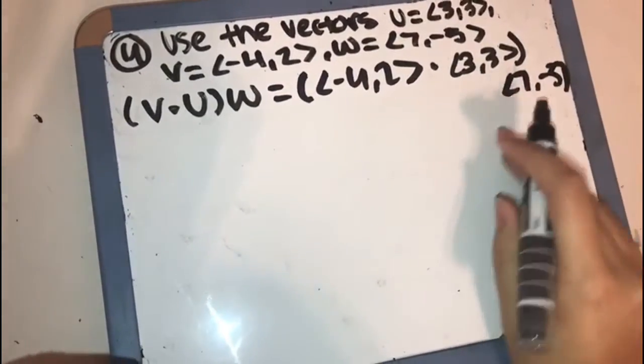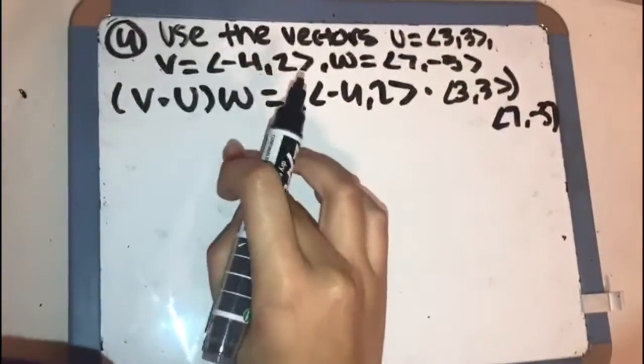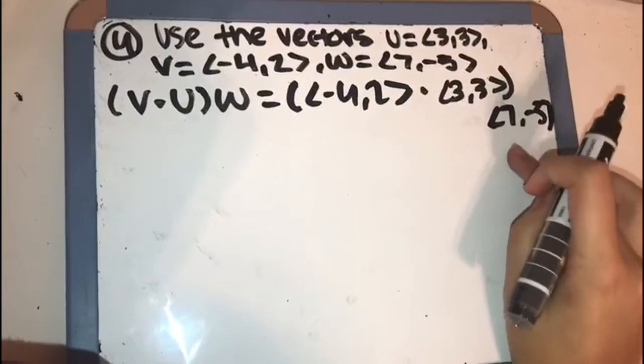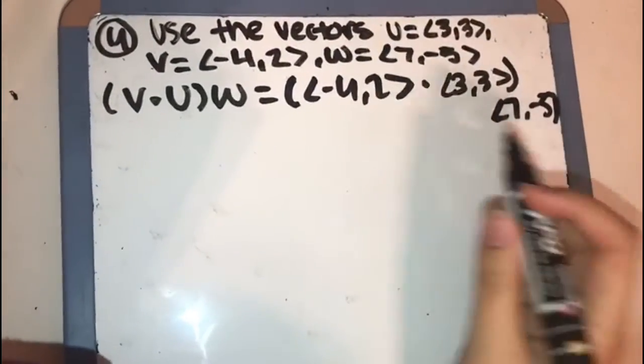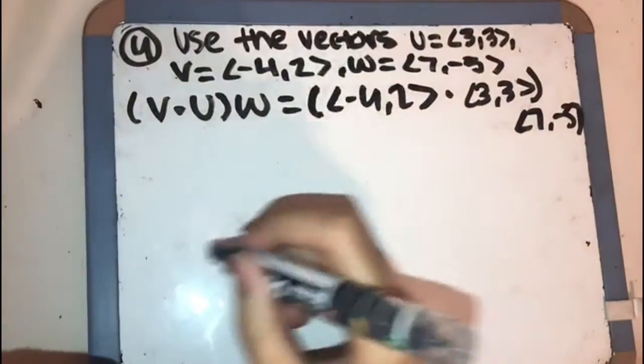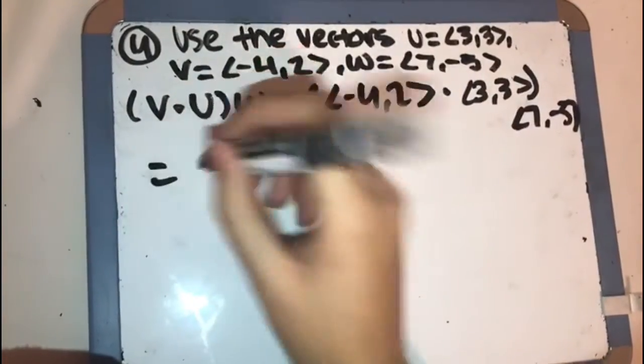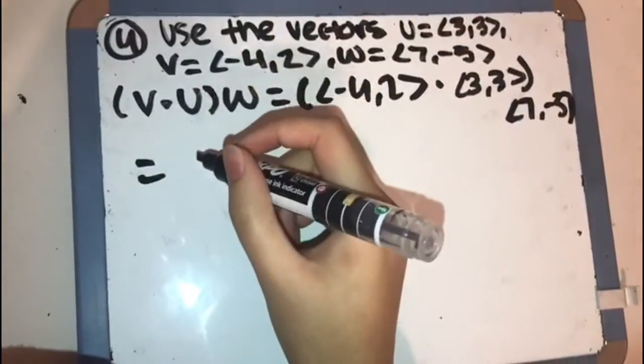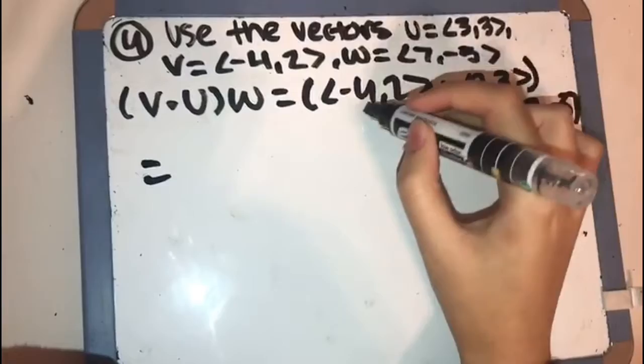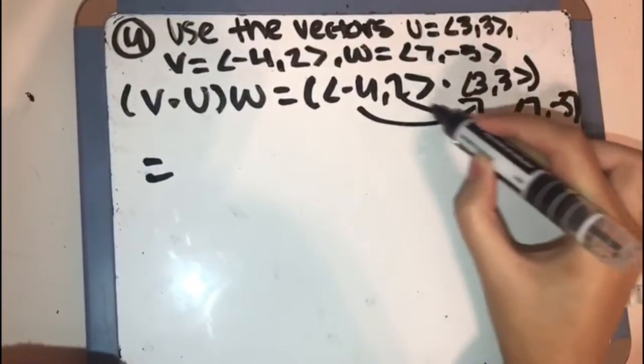So basically, the w is always out. You see how w is out in this part? So w would be out in this part too as vectors. Now we're going to have to simplify. So let's bring it here, there's more room. So -4 and 3, and then 2 and 3.